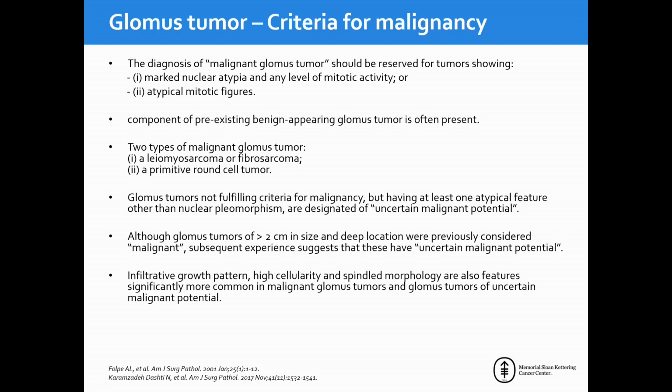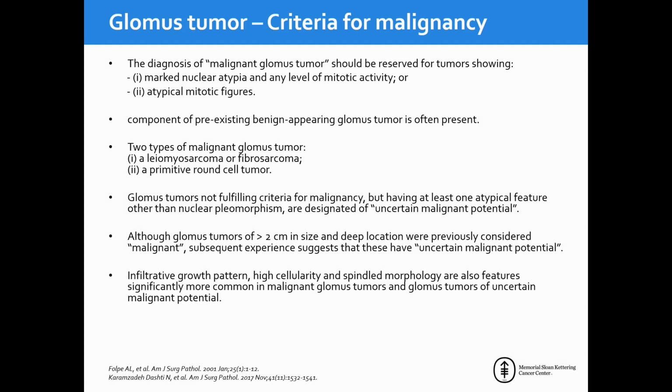But in the upcoming WHO book, there is some change in the criteria for malignancy. Right now, the criteria is anything with marked nuclear atypia in any level of mitotic activity, or if you see an atypical mitotic figure, that should be called malignant glomus tumor. Usually in malignant glomus tumors, there is a component of pre-existing benign-appearing glomus tumor.